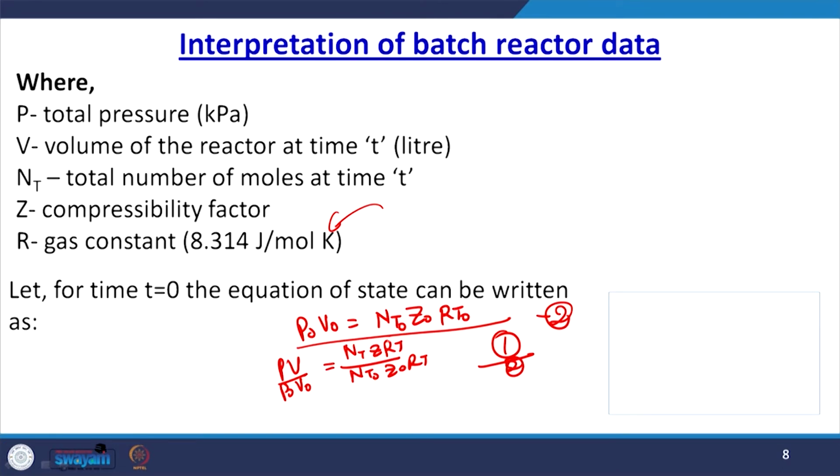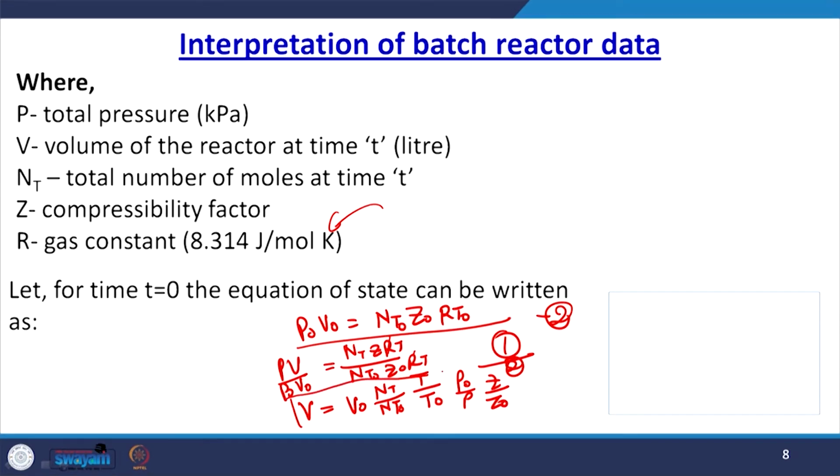So, if we cancel out these R, V is equal to V naught NT upon NT naught, T upon T naught, P naught upon P, Z upon Z naught.